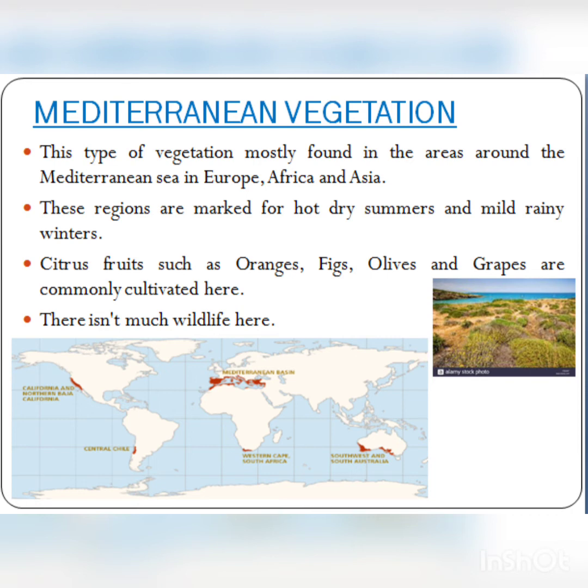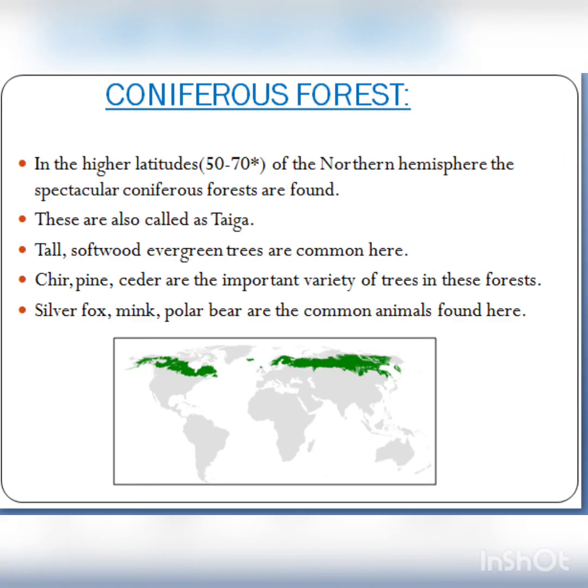As the name implies, you will find this type of vegetation around the Mediterranean region and some other portions like southern and southwestern Australia, and the western margin of the United States of America. You will find the Mediterranean type of vegetation there.